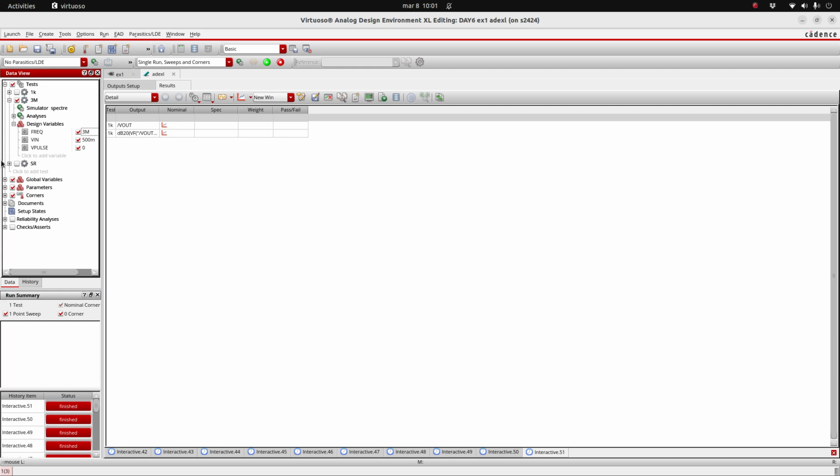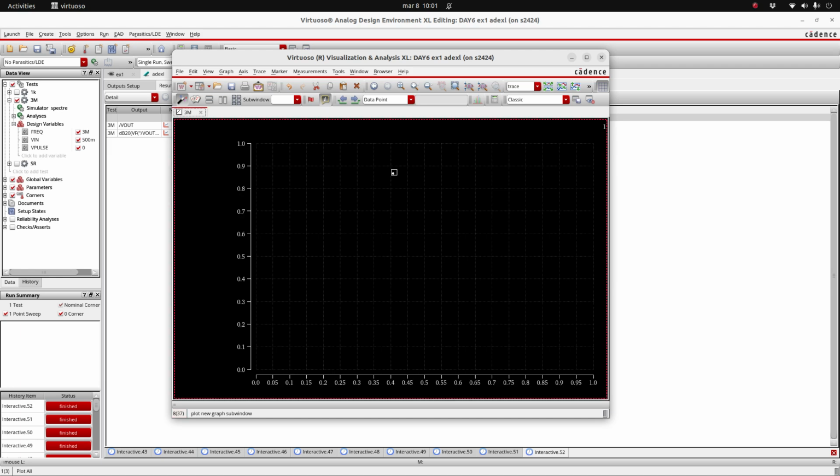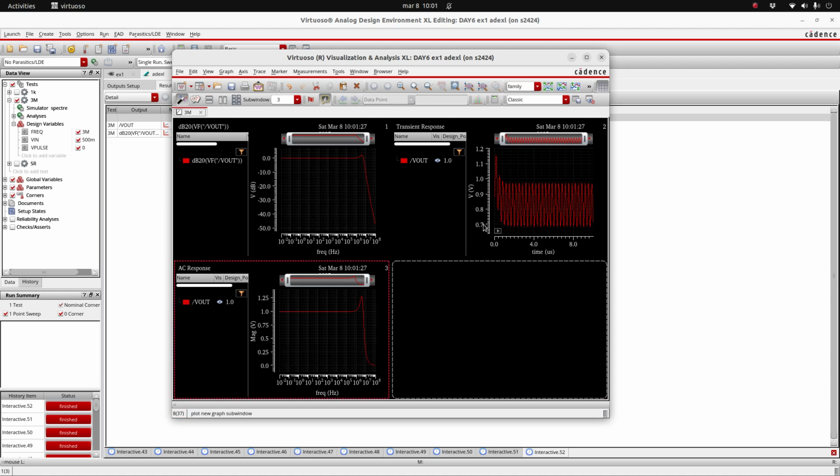So we can, for instance, try to see what happens with a signal of 3 megahertz, same amplitude, 500 millivolts. So let's run this simulation and take a look. And then we have something totally different.